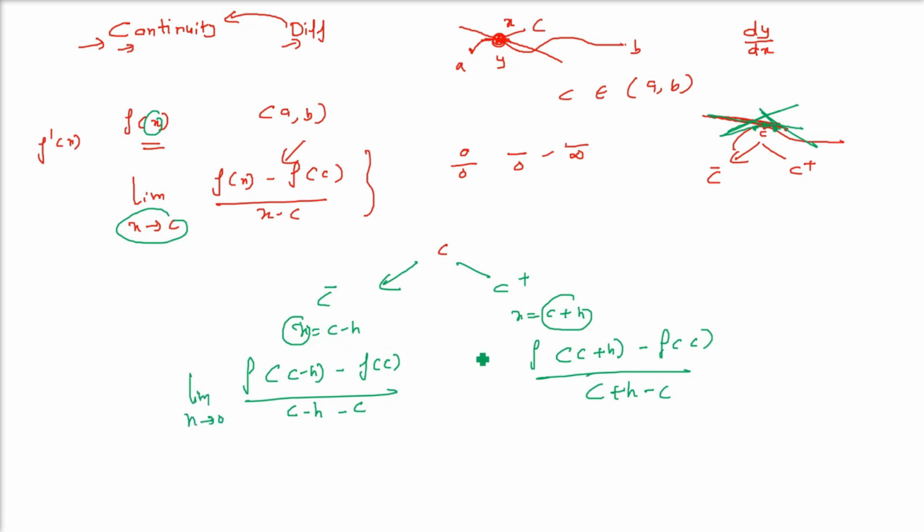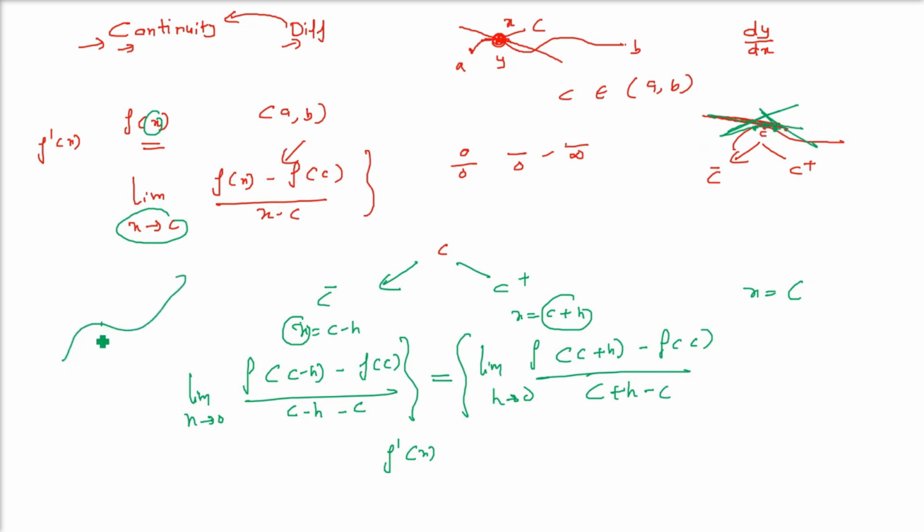Since x is c minus h, the limit changes: it will be h tends to 0. The limit as h tends to 0 of these two has to be equal. If they are equal, it is differentiable. If they are not equal, it is not differentiable. That is, f'(c) exists, that is differentiability. So there is one tangent, one slope, one line.